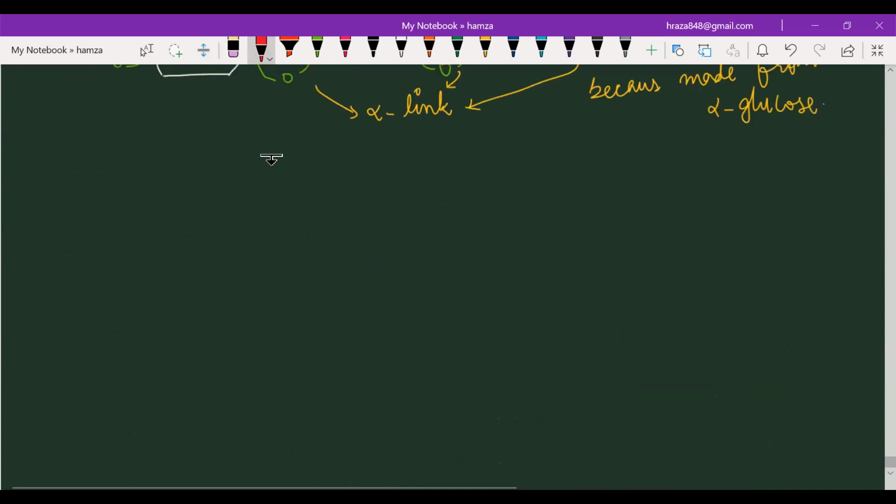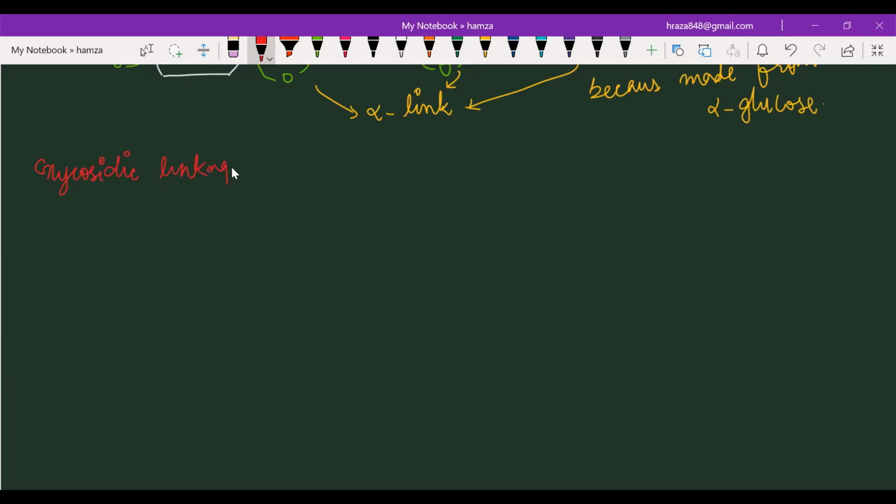So you can see we need to write a point. Glycosidic linkage here, which is also known as basically alpha links because it is prepared from alpha glucose, are present at C1 and C4.